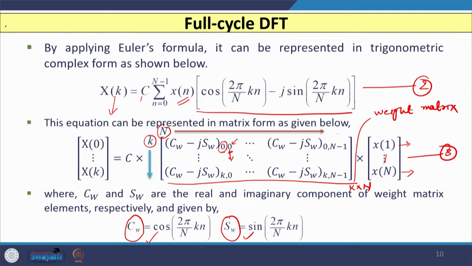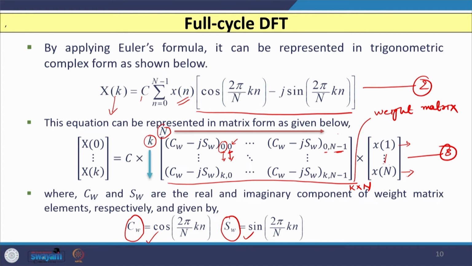So, the first element is 0 0, and if you move further in the first row, you have 0 0 to 0 to N minus 1. If we are taking 16 samples, then you have 16 elements in the first row. Similarly, you can increase the value of k, so it becomes 0 to 1, and again you go up to N minus 1.